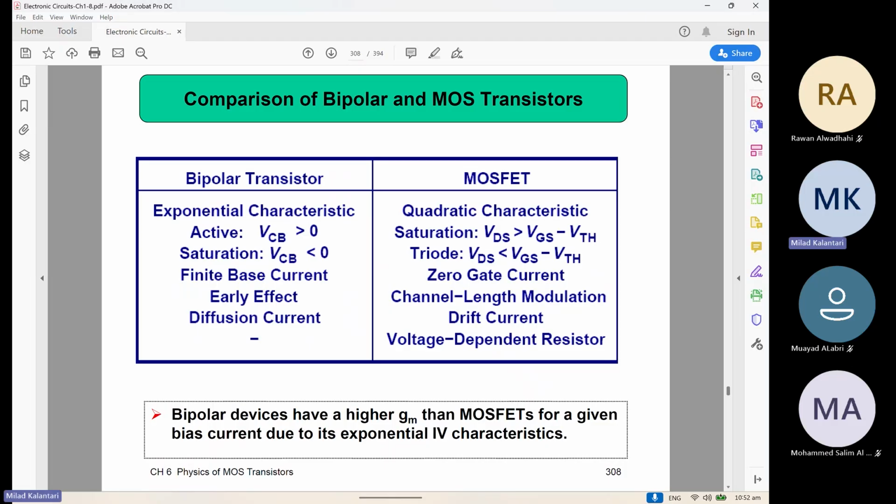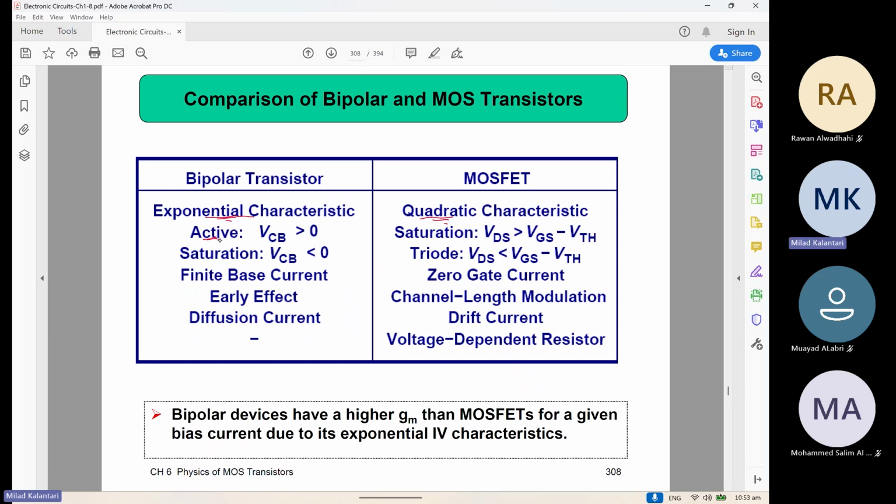So let's compare the bipolar and the MOSFET transistor quickly. As you saw, for the MOSFET the current was quadratic, but for the bipolar it is exponential. For the bipolar, we call the device to be in the active region once the collector base voltage is larger than 0.